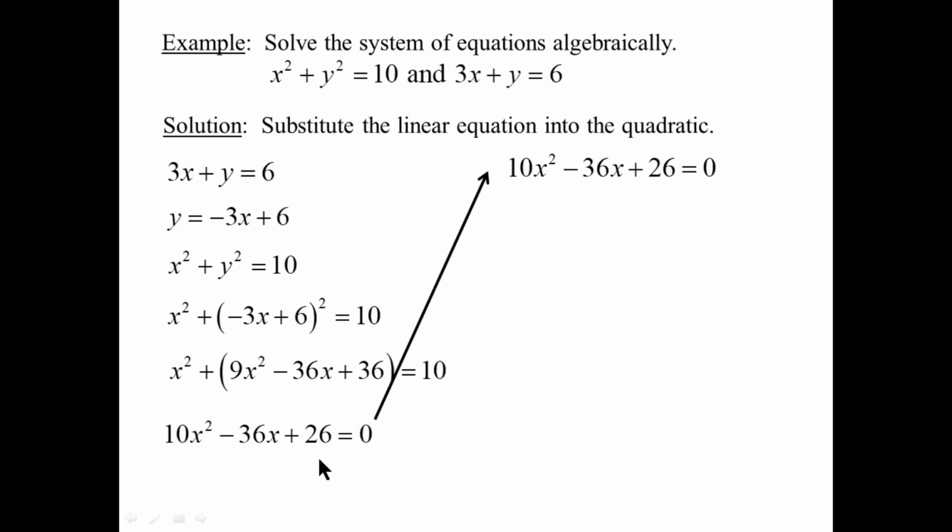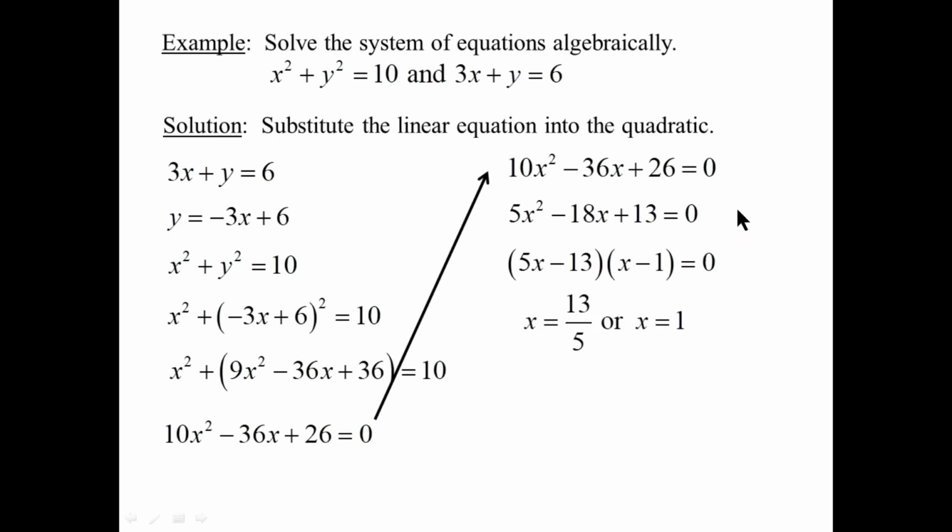We can divide through by 2, just to make the numbers a little smaller, and then we can solve by factoring. You need to be able to factor that quadratic, and it becomes that. And then setting these individually equal to 0, we have x equals positive 13/5, or x equals positive 1.